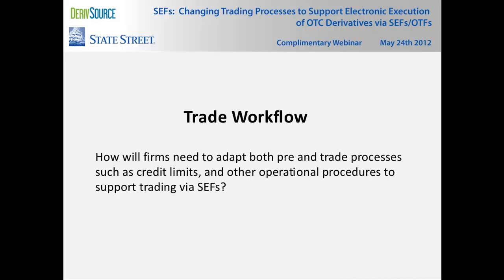Are they able to allocate that credit, so that what you see on the system is fully backed and guaranteed by a clearing firm and ultimately the clearing house standing behind it, so they can have confidence in trading electronically? That's particularly important in a central limit order book environment. It's also quite important in an RFQ environment as well, but it's a different set of challenges.